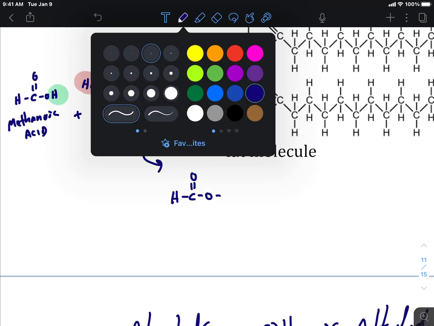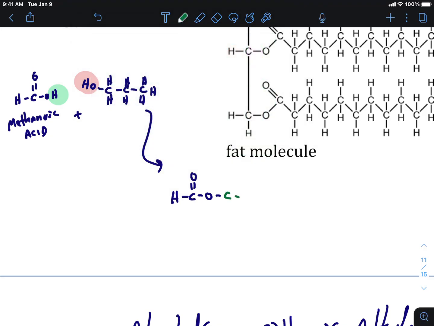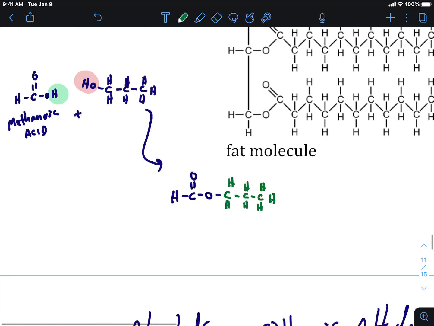I'll switch colors now. Is that clear? The ester, what part comes from which part? Okay. So that's our ester.